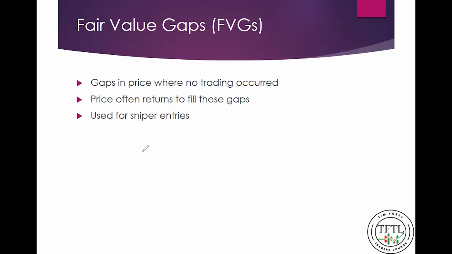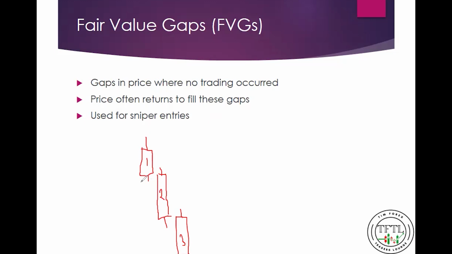It comprises three candles. For instance, we see the first candle like that. Then the next candle opens up there and pushes on the downside. And then we see the other candle also opening up and pushing on the downside. So this is the first candle, the second candle, and the third candlestick.